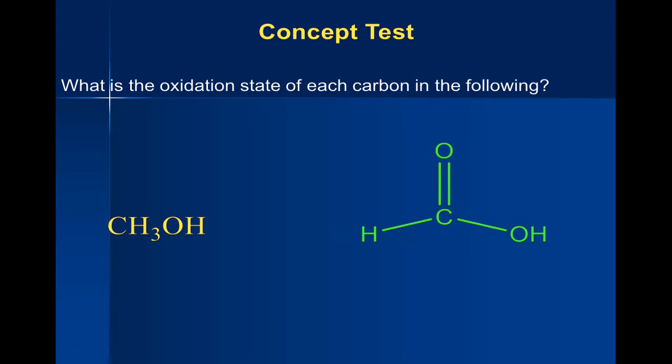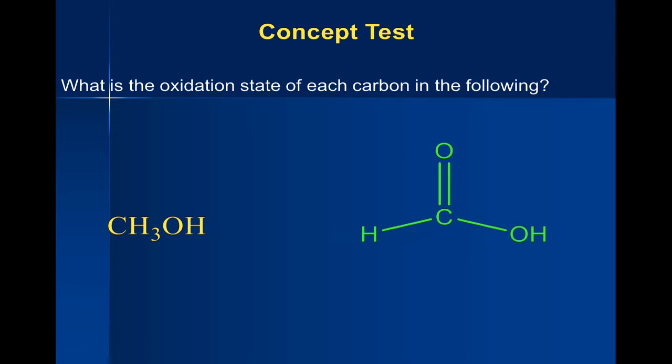So I want you to calculate for me the oxidation state of each carbon in these 2 molecules. So the carbon in methanol and the carbon in formic acid. How do we calculate it?